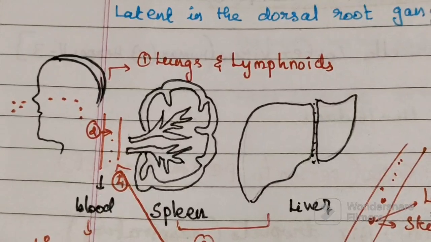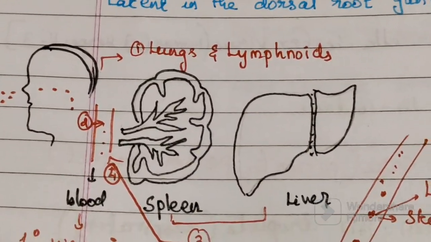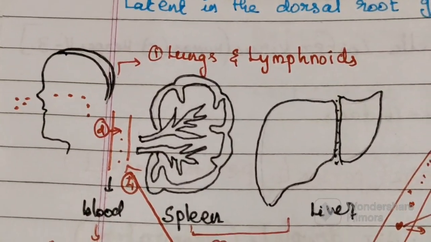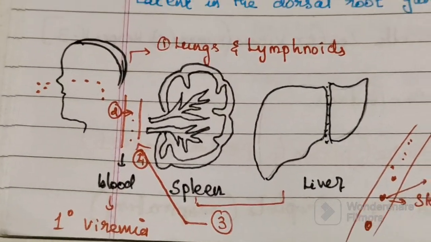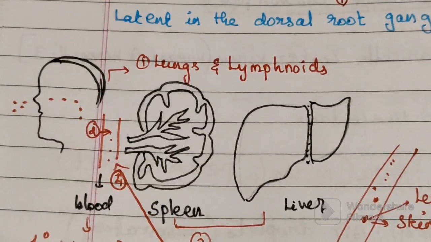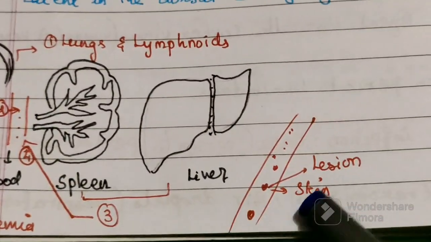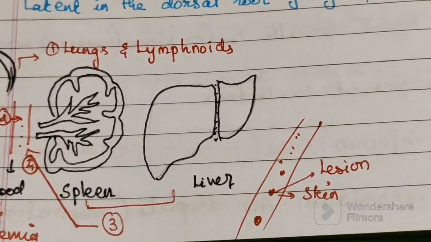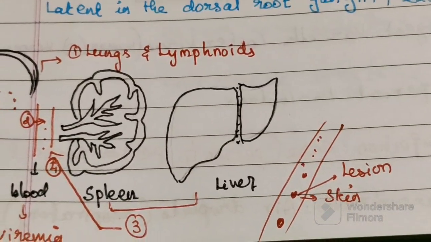From the blood it reaches the spleen and liver, then goes again to the blood. After that it goes to the skin and produces lesions on the skin. This is the whole pathogenesis.